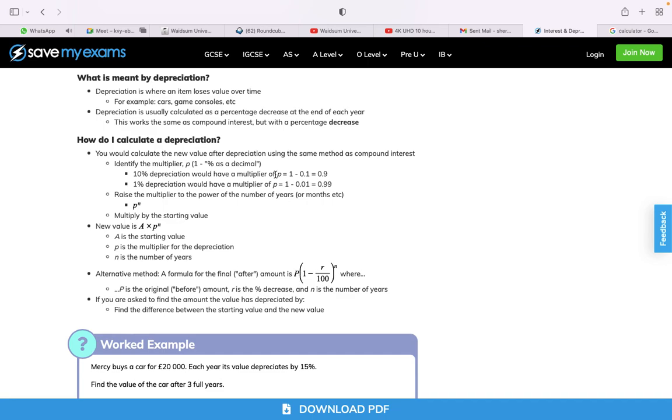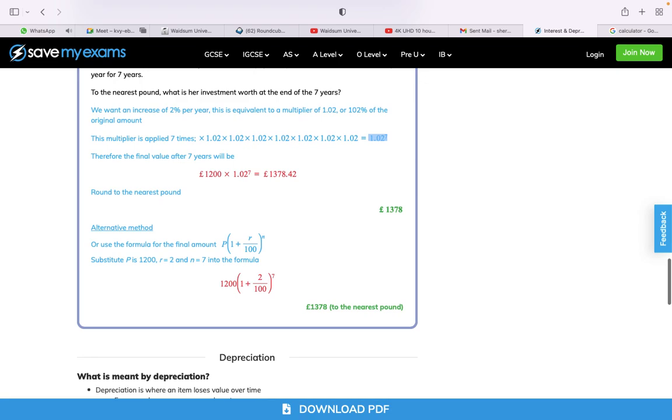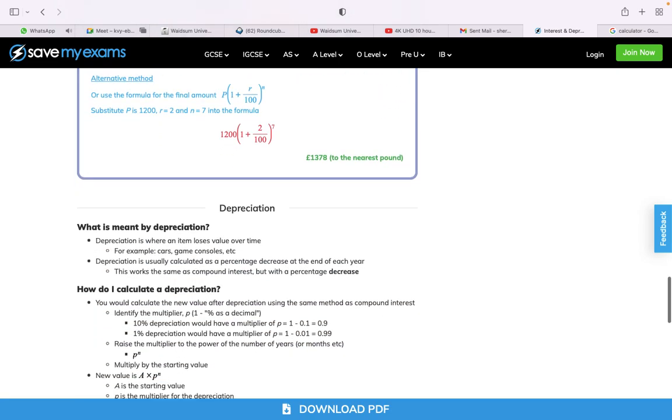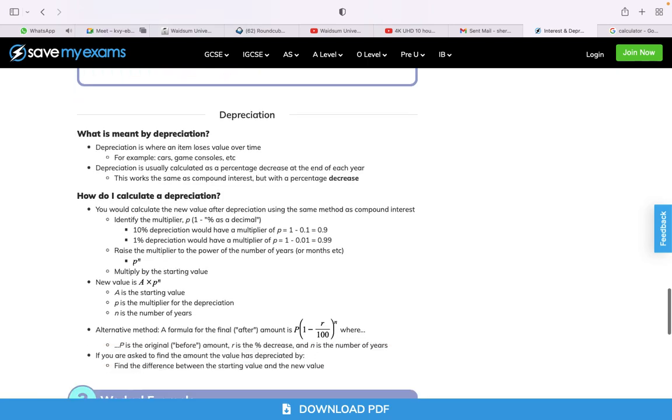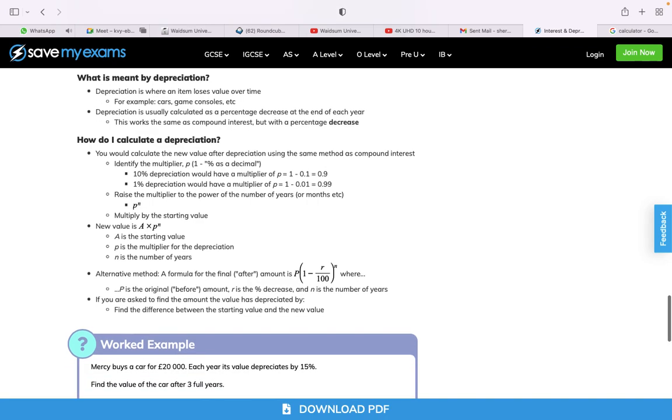We don't use the one with the minus because population appreciates; we use the part with a plus. But whatever depreciates, like your cars, your laptops, some of your properties, we use minus to calculate them. Don't worry, as you do more studies, you will find the practical use for this.